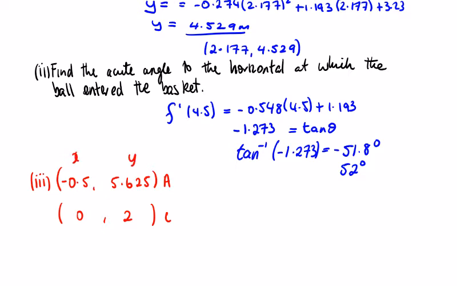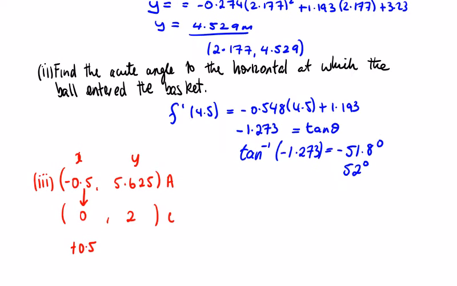Between the x values, it's mapping A to C, so it's going up 0.5, plus 0.5 for x. And my y value is going down. Is that the right value for A? No, it's 2.565. Let me just change this.